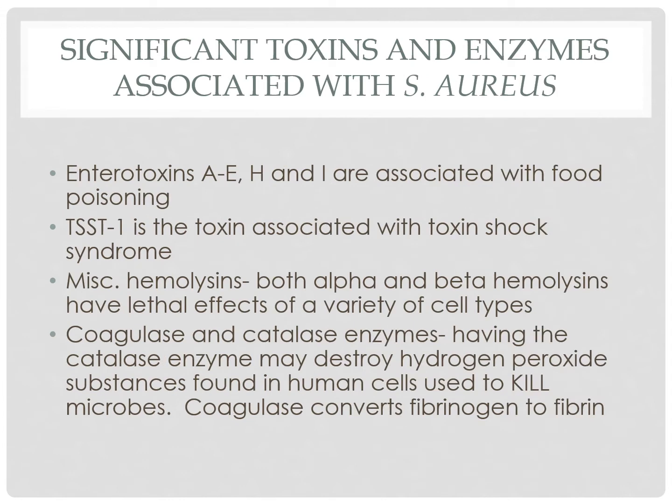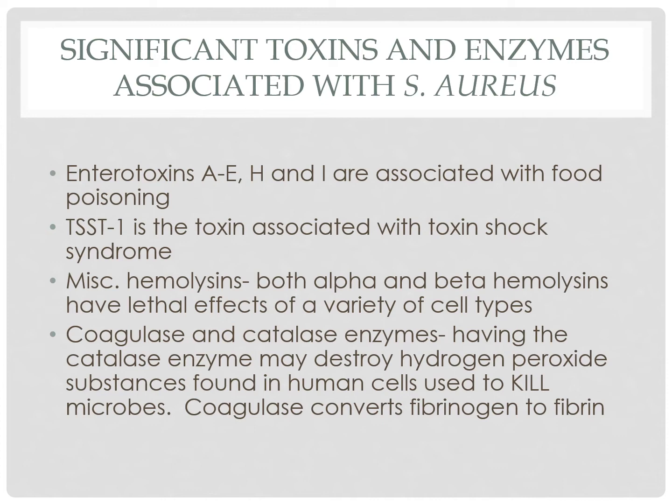There are a number of significant enzymes and toxins associated with Staphylococcus aureus. For example, we have the enterotoxins A through E. H and I are associated with food poisoning, but also A and D are also associated with food poisoning. Then we have TSST1, which is toxic shock syndrome toxin, and that is associated with toxic shock syndrome.